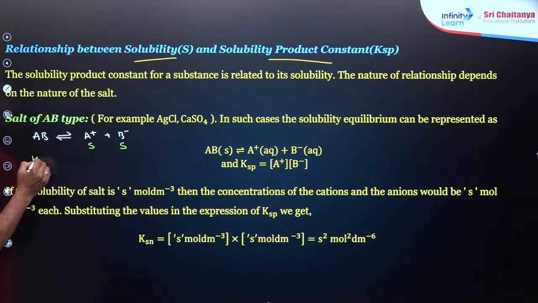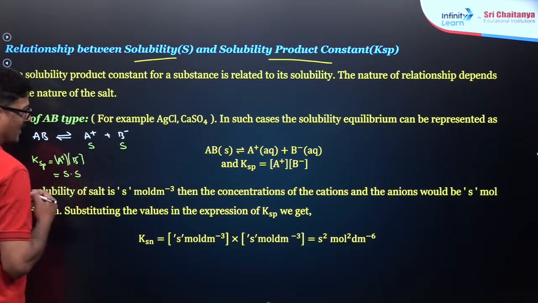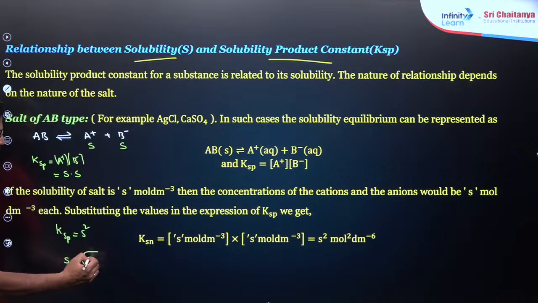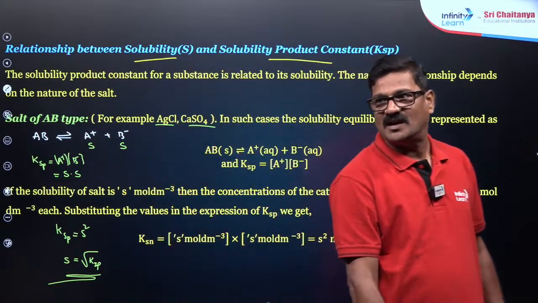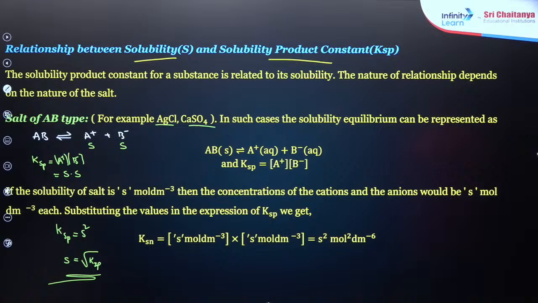So Ksp is equal to A plus and B minus, it is going to be S times S. So I can say Ksp is equal to S squared. Solubility S is equal to root over Ksp. ठीक है? So this can happen with AgCl, calcium sulfate or anything, AgI. ठीक है बेटा? Clear? Let us talk about AB2 type.